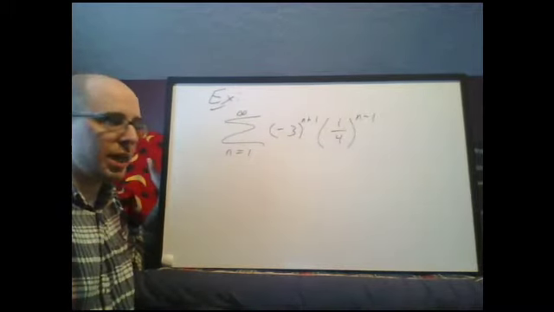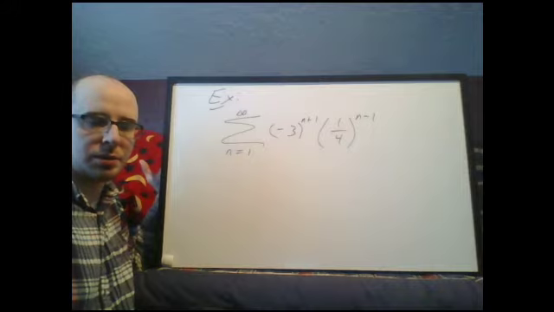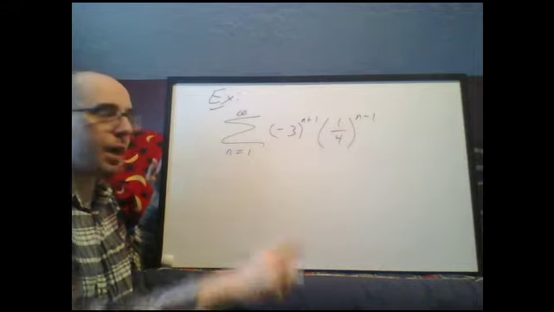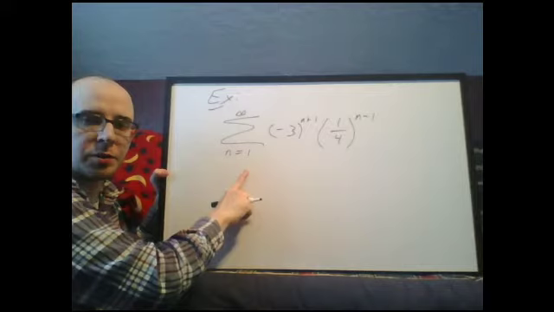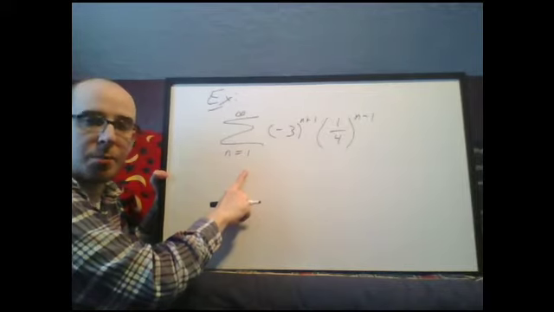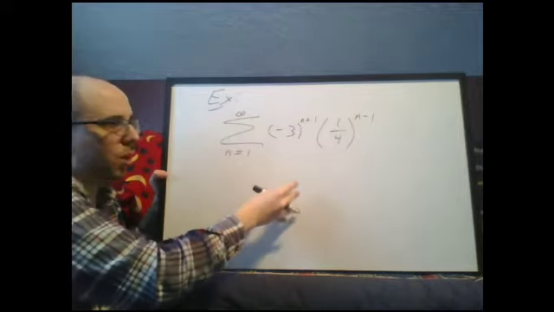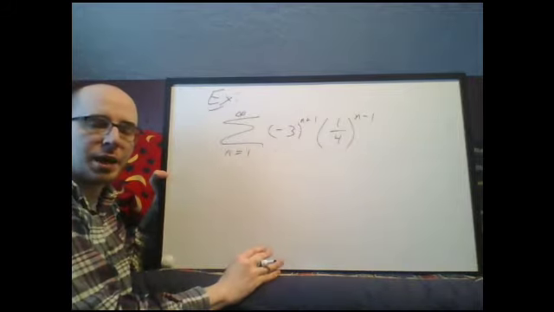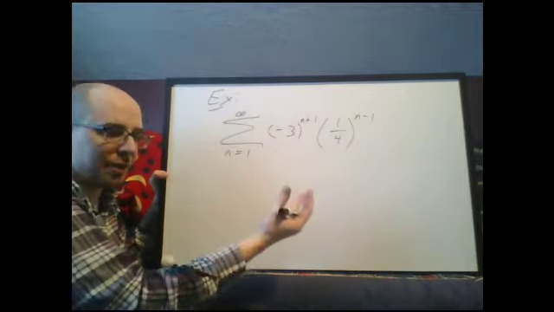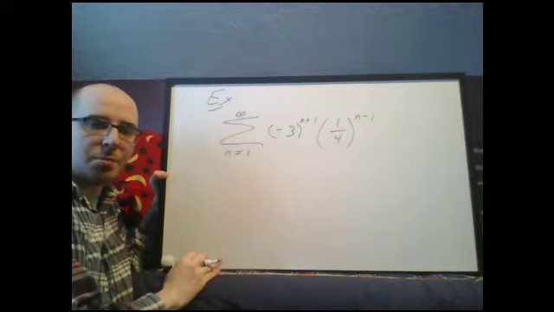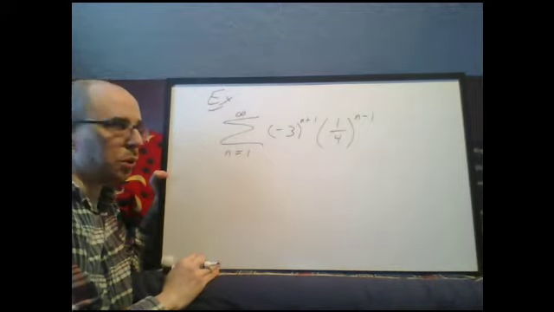So this looks way different from our typical geometric series, but I claim this is still a geometric series, so the previous formula should apply. But what I don't want to have to do is, every time I recognize something as geometric, go back and rewrite it in the standard form that I wrote on the previous board.